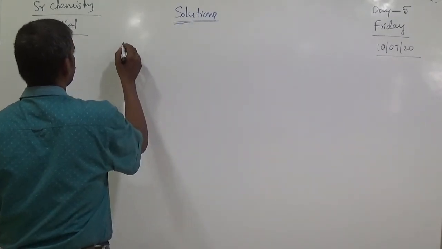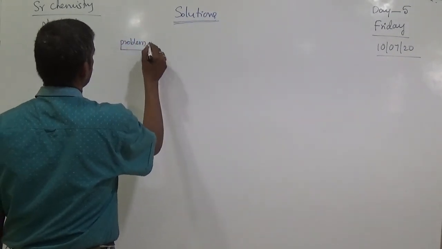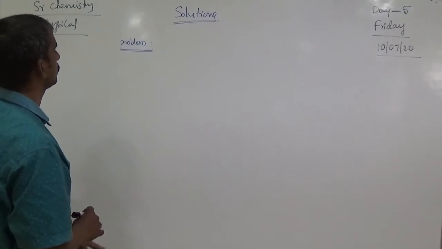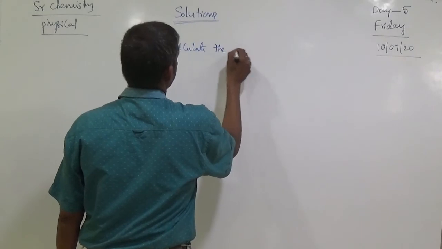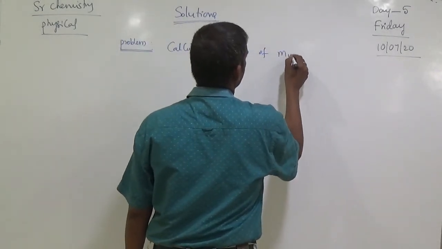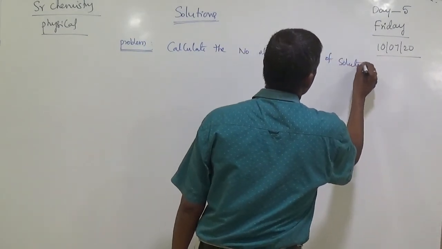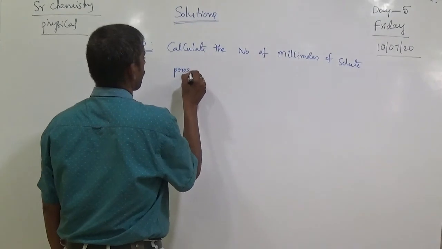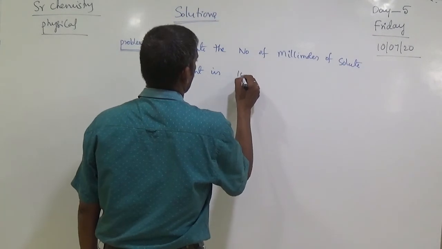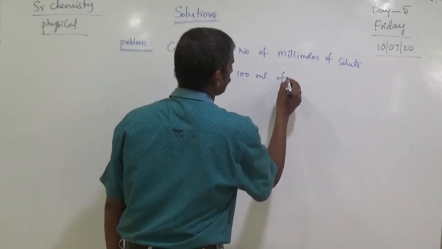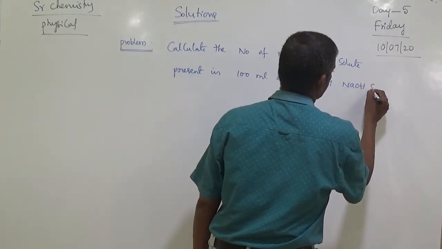Another problem. Calculate the number of millimoles of solute present in 100 ml of 0.01 molar NaOH solution.